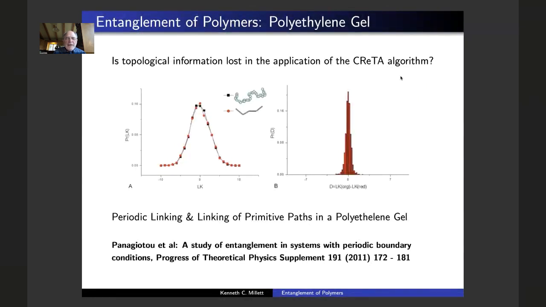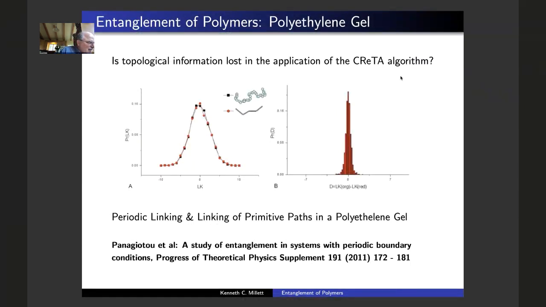Apply these to the polyethylene gel characterizations there of Theodorou and Zervopoulou. And so what one sees is that as you do these Kreta simplifications or Z1 simplifications, you don't really lose much of the topological entanglement. That these simplifications actually preserve these, and you're able to use the linking number if you wish, to characterize the kind of entanglement within the structure.